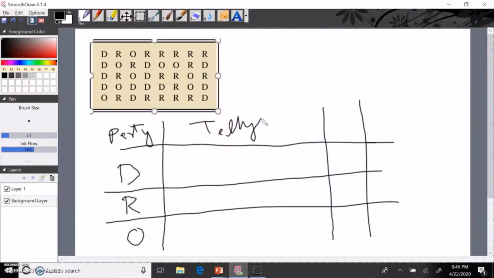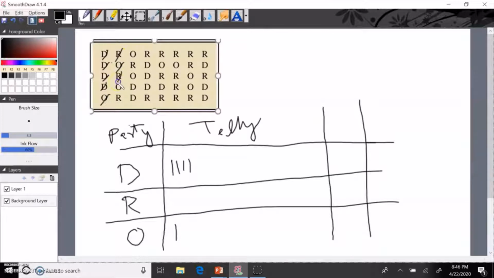It's like this. What we're going to do is copy this data into this column. So we have Democrat, 4 Democrat, so 1, 2, 3, 4 Democrat and one other.